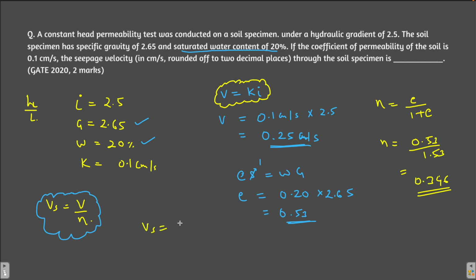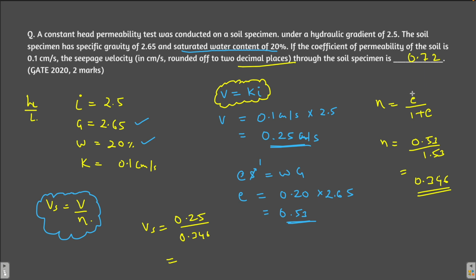Seepage velocity will be discharge velocity, that we have already found out, that is 0.25, by porosity. Porosity is now 0.346. Now you solve this and you will get the answer. What is the answer of seepage velocity? It's 0.25 by 0.346, and this will give you 0.722. Okay, so we have to round off to 2 decimal places. So it is 0.72 centimeter per second.